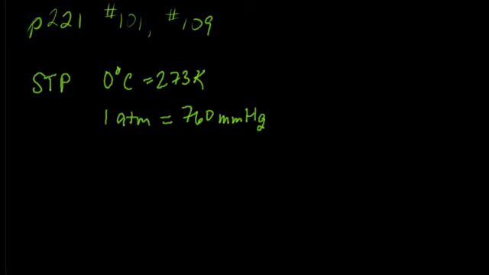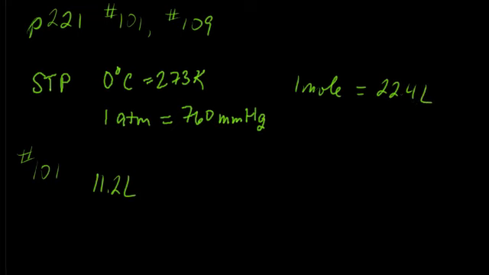Okay, now in this problem 101, we're looking at trying to determine how many moles of gas are present in 11.2 liters. Well, we know at STP, 1 mole of gas occupies 22.4 liters.